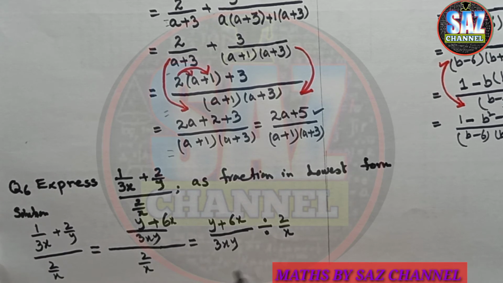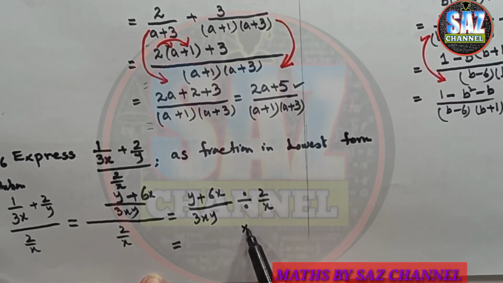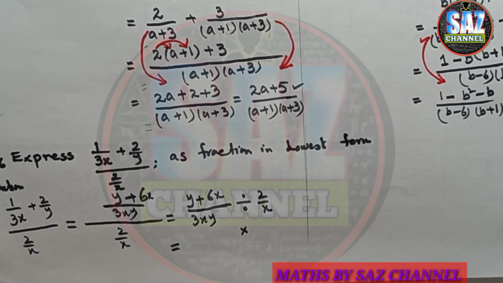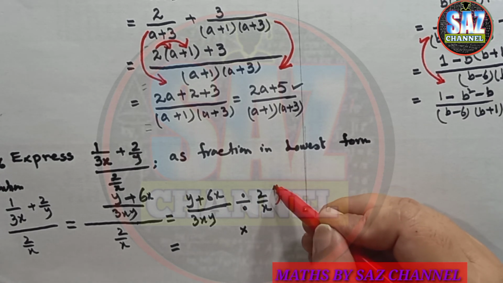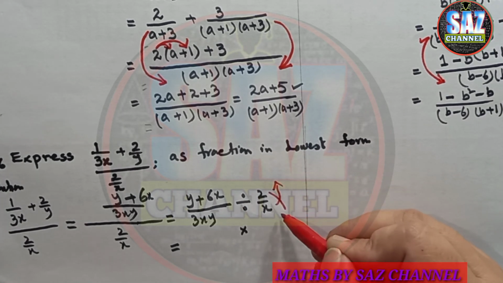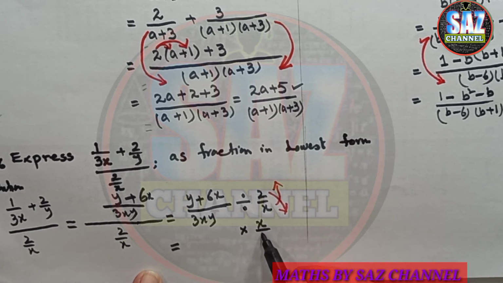Now we know that we have to change this division sign into a multiplication sign, and we have to take the reciprocal of the fraction after the division sign. The numerator will become the denominator and the denominator will become the numerator. We have to exchange the positions and it will take the form x over 2 and y plus 6x upon 3xy.